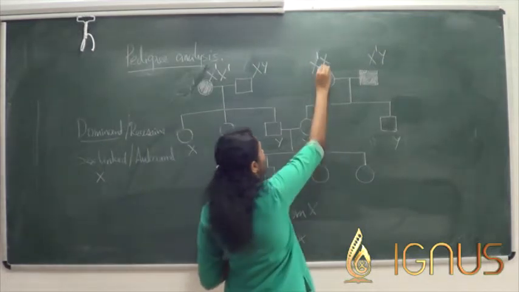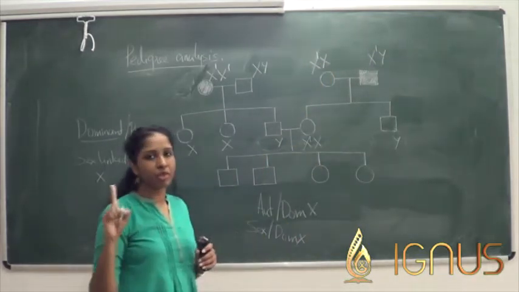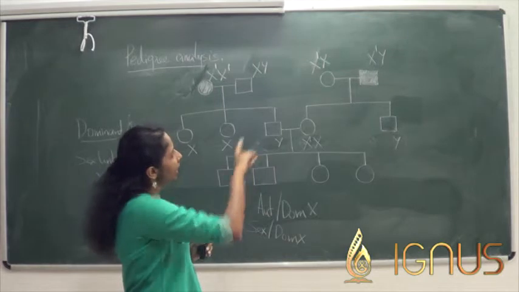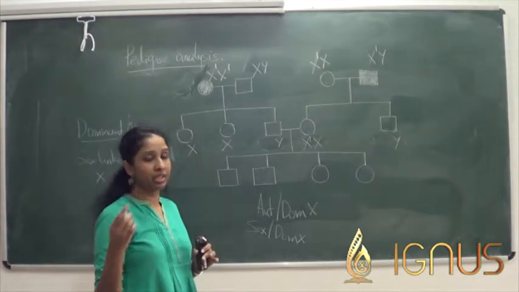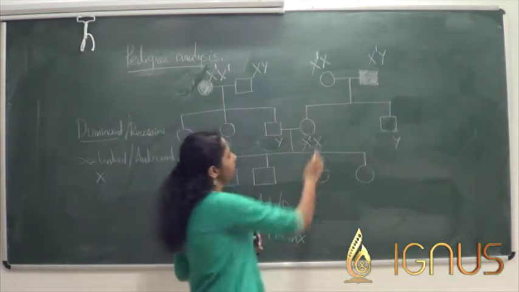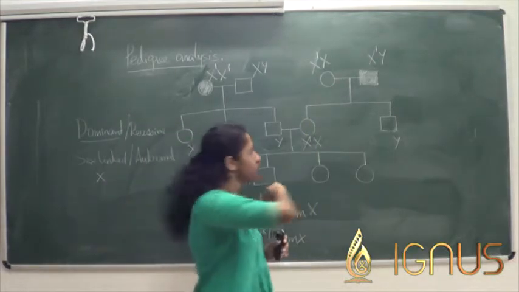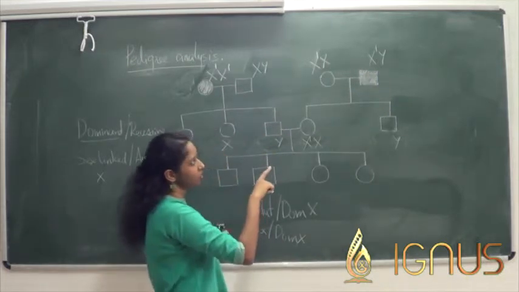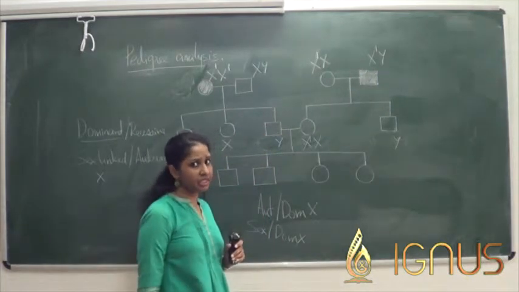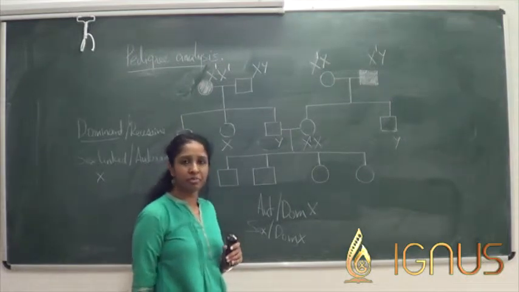If she is a carrier, in which case she has only one recessive trait and the other one is dominant, she can be a carrier, like for example in hemophilia, but she is not going to show the trait.